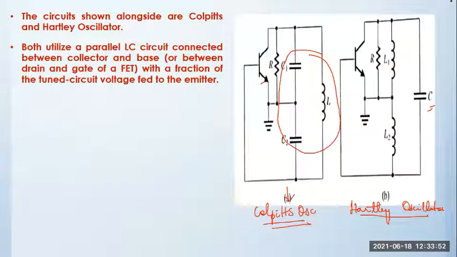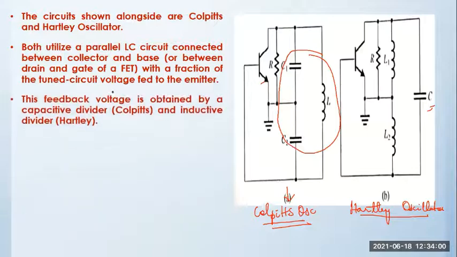And the basic amplifier can either be an FET amplifier or a BJT or an op-amp based amplifier. I can have anything. So the feedback voltage is obtained by the capacitive divider, as you can see. The total voltage from here to here would be the output voltage, wherever you are checking the output.